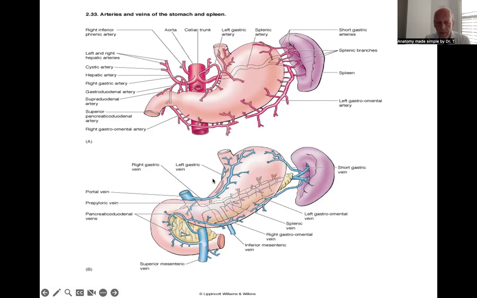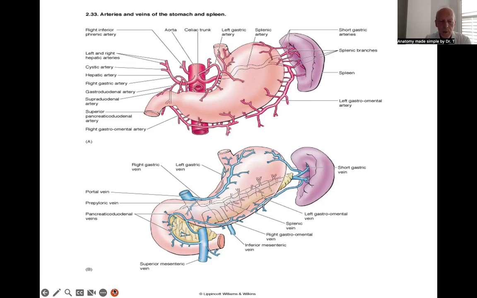Left gastric arteries, here we have left and right gastroepiploic veins. Sorry, I said left gastric artery; I meant left gastric vein and a right gastric vein. So more or less it looks fully comparable between arteries and veins, that they are next to each other.